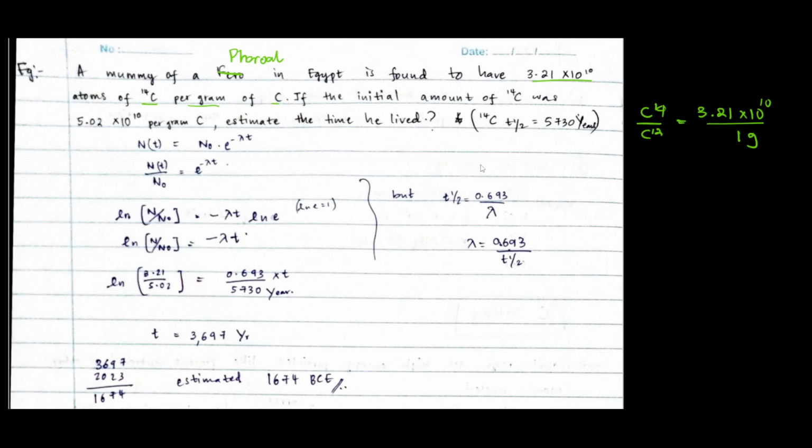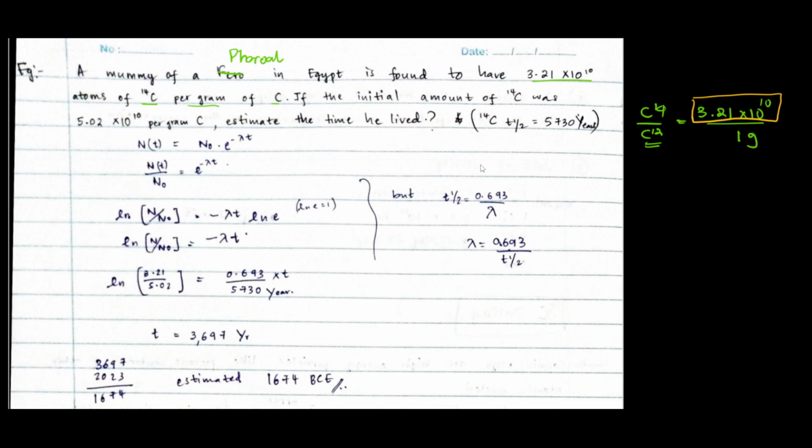So if we consider 1 gram of C12, in that this number, not in mass, this number of carbon 14 is present. That's the idea.